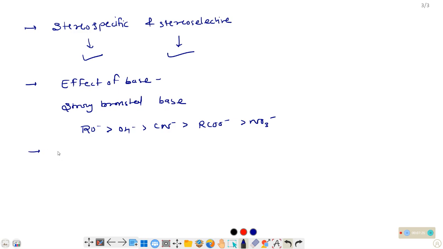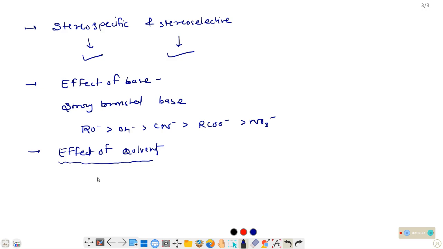Now the effect of solvent. As we have seen, the solvent in the E1 reaction was polar protic.